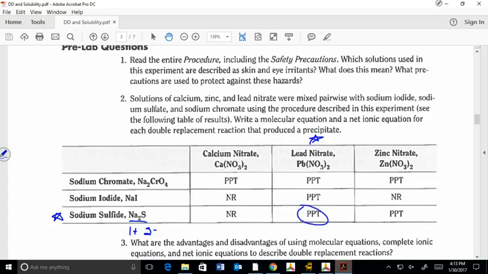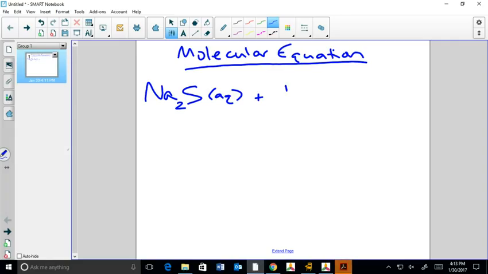And we're reacting that with lead. In this case, it's lead 2 nitrate, because we know that nitrate is a -1. So therefore, this has to be a 2 plus, because there's two of them. So Pb(NO3)2. And again, this is another aqueous solution.